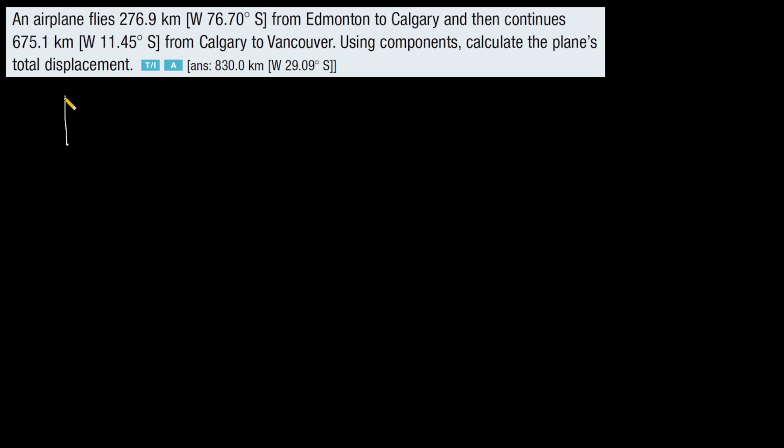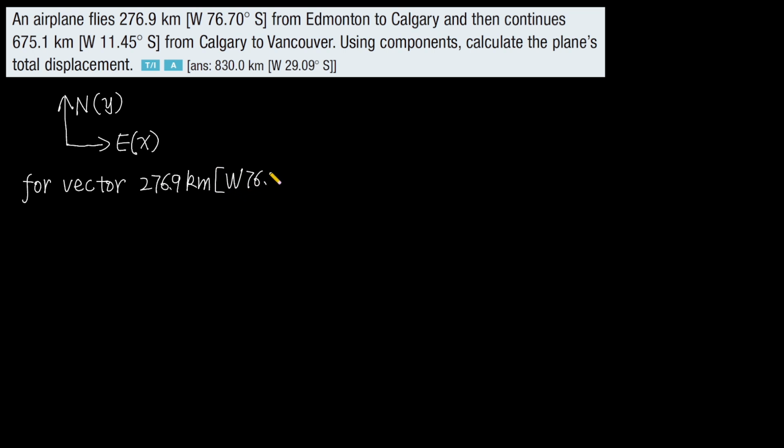We define north as positive y direction and east as positive x direction. Then for vector d1, 76.9 kilometers west, 76.7 degrees toward south.